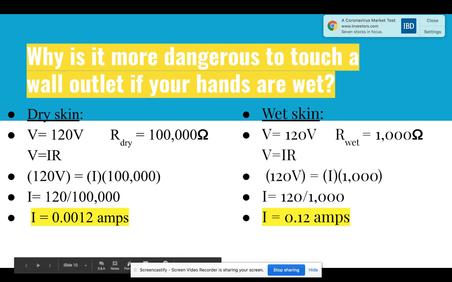One good thing, which doesn't mean it's going to save your life: most wall outlets near water, in your kitchens, in your bathrooms, even outside where it could be rainy, have what they call ground fault interrupters. With any quick change in current, it's going to pop the switch and cut off that power immediately.